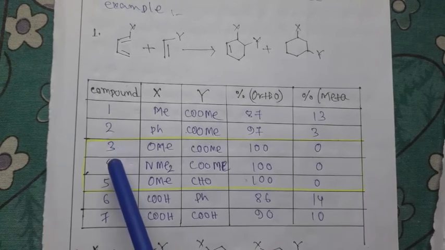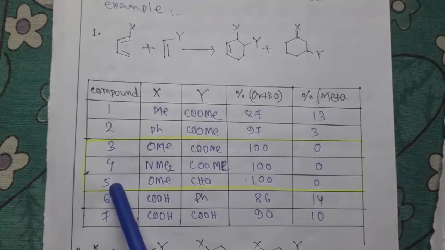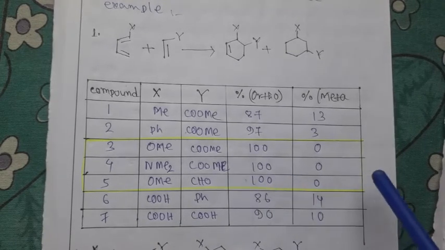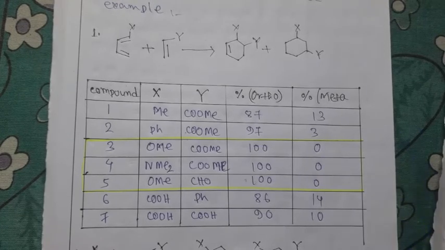In the case of 3, 4, 5, there was only ortho adduct; meta adduct could not be found.